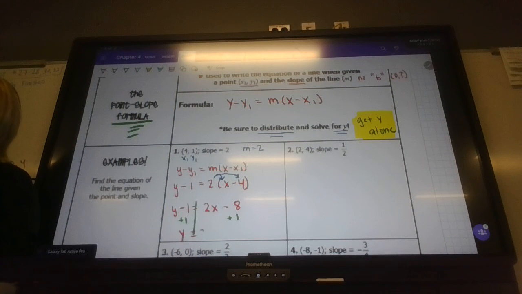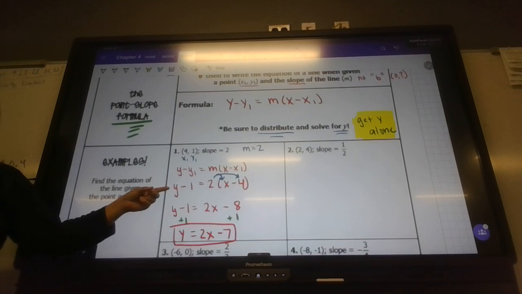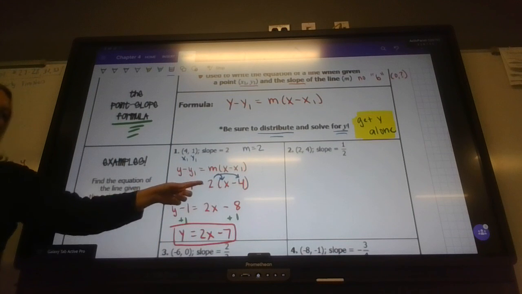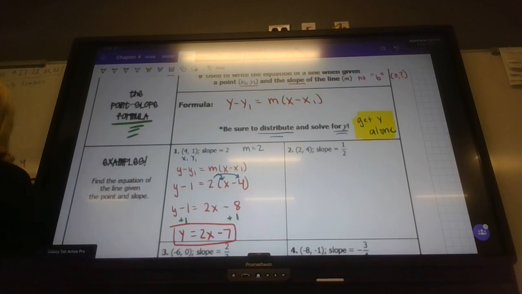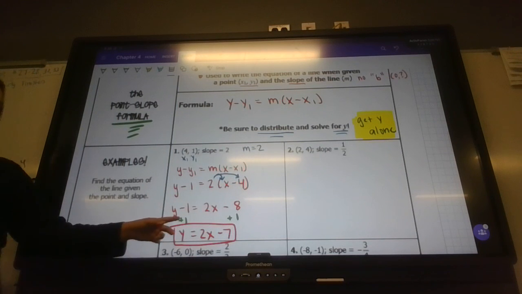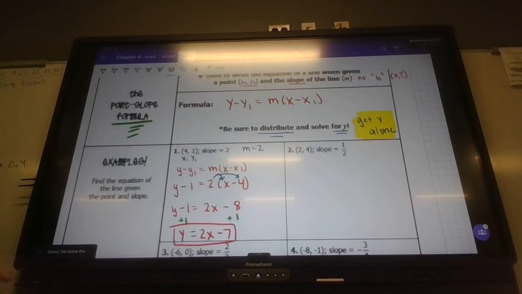And I have y equals 2x negative 8 plus 1 will be a negative 7. So you wrote this down, Brian? Then you do distributive property, and then you add the 1 over, and you end in y equals mx plus b.